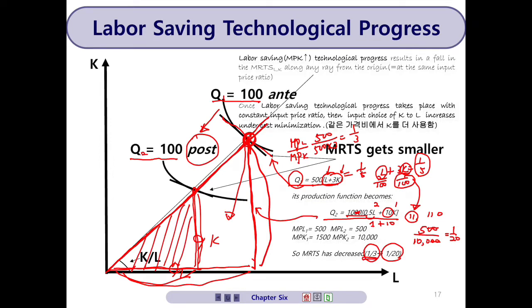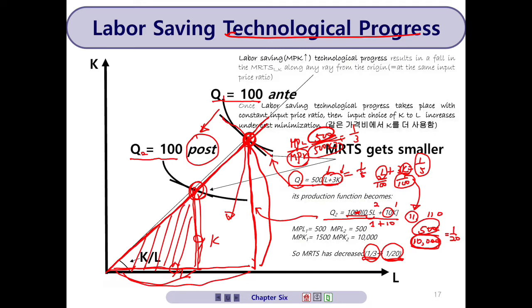It was 1/3. Now it becomes 1/20th. So MRTS becomes smaller than before. What's the main reason? MPL doesn't change, but MPK here was 1,500 and here becomes 10,000. MPK increased a lot. MPL is the same, but MPK increased. That fits technological progress. The marginal productivity of capital alone increased.